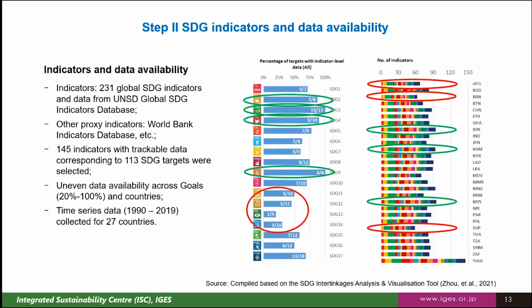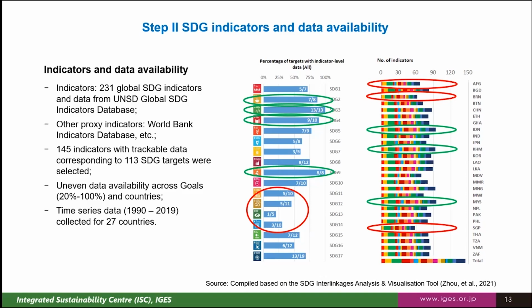For the indicators, we used 231 global indicators and the data from the United Nations Statistical Division's Global SDG Indicators database. For those SDG indicators whose methodologies were not established or data is not available, we used other proxy indicators from the World Bank indicators database and the databases of other UN and international organizations.